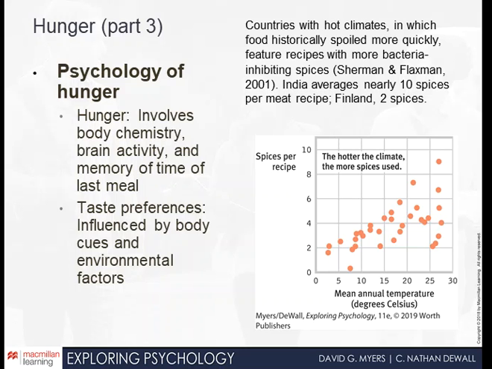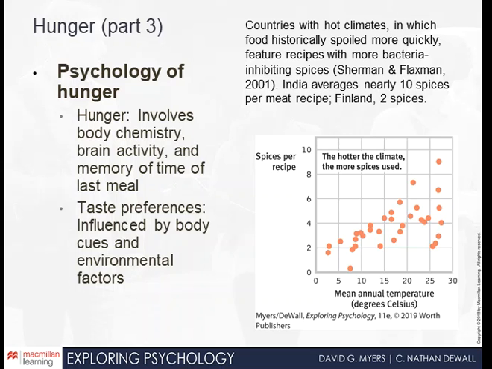In other parts of the world where it is not a very hot climate, it doesn't get hot, it's cold usually, you'll probably see a lot less preference for certain types of food or condiments and things like salt and spices. Now, looking at this slide a little bit to the left here, we see that countries with hot climates in which food historically spoiled more quickly feature recipes with more bacteria inhibiting spices.